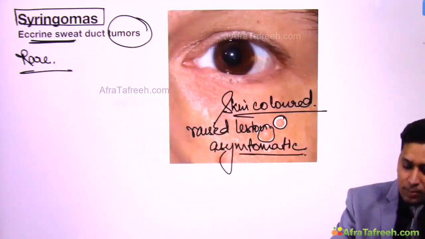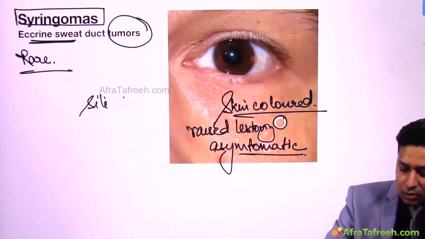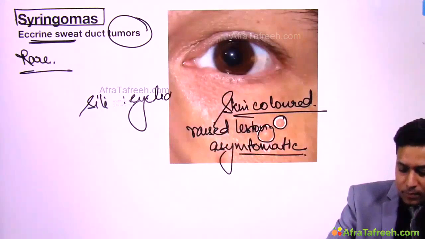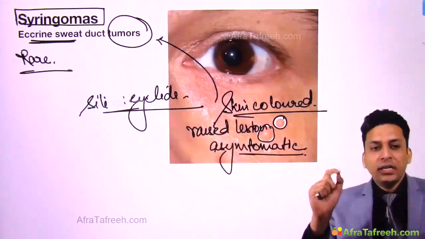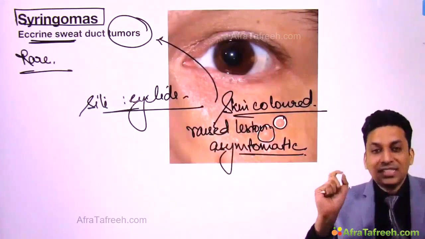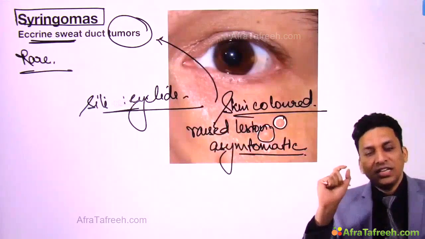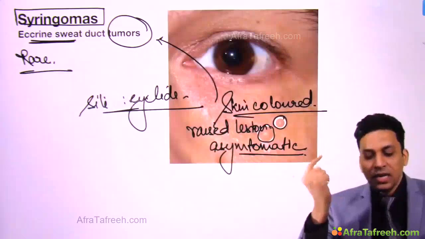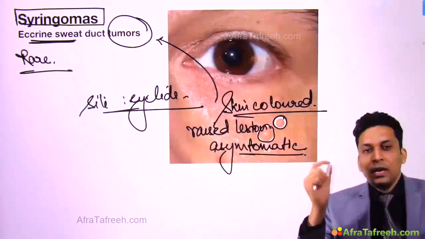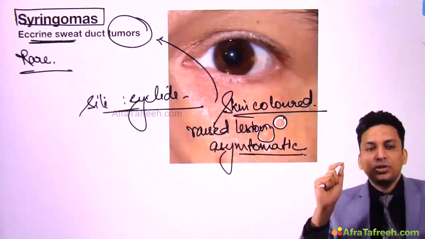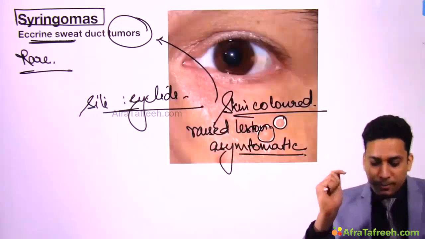They generally develop over, so common site is around eyelids. And these are what? These are benign eccrine sweat duct tumors. These are known as syringomas. Okay, so syringomas, they are generally skin colored raised lesions around eyelids. Sometimes you might get confused with warts or acne, but this is a very rare condition, and this is due to sweat duct tumors. Okay.